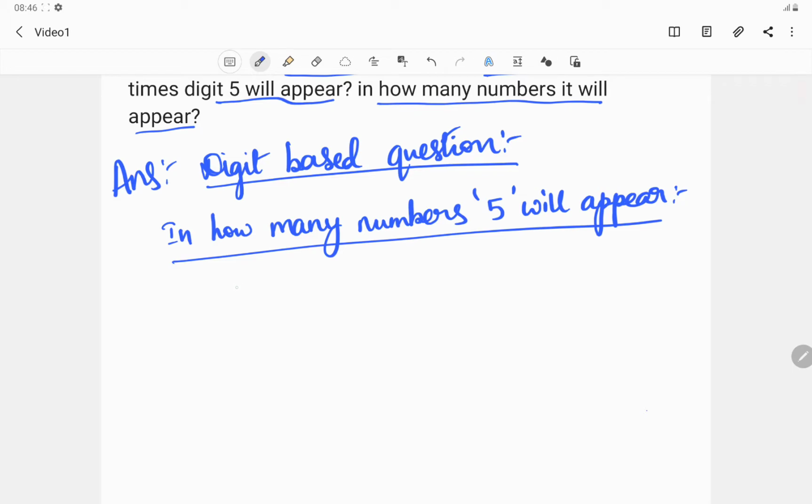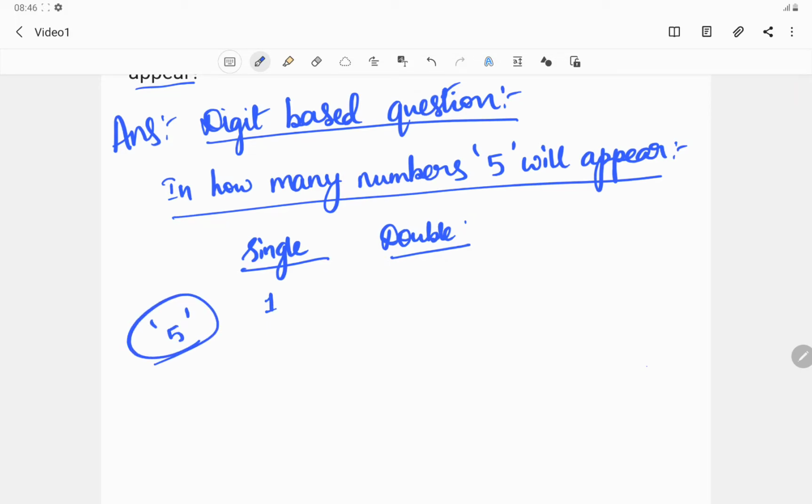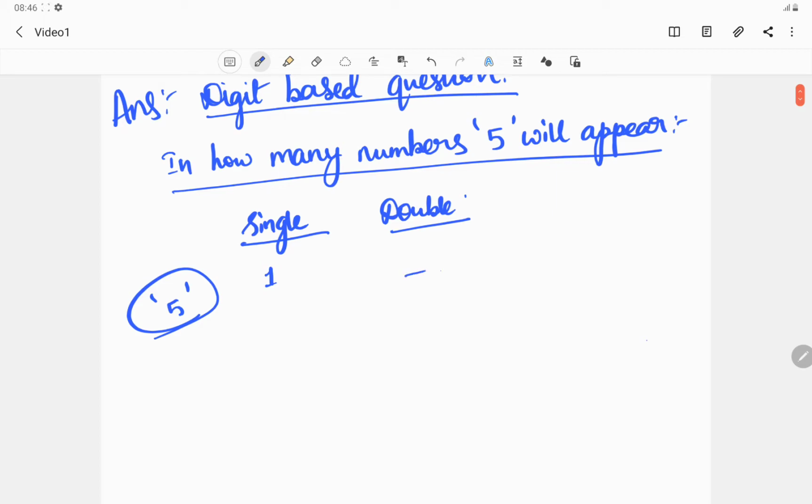you will have different types of numbers that can contain 5. There can be a single digit number and there can be a double digit number. How many single digit numbers are there that contain 5? There is only one, which is 5 itself. Next, how many double digit numbers contain 5?